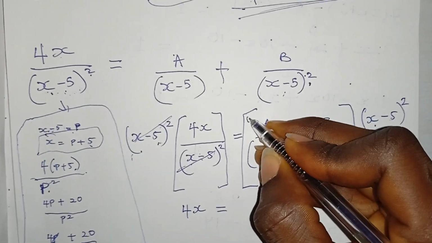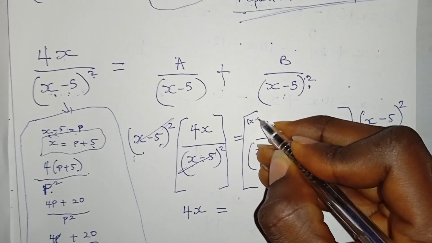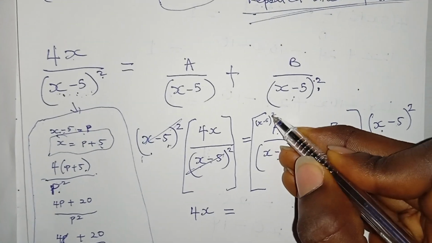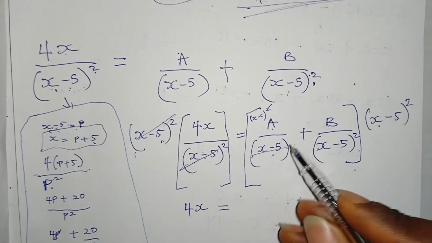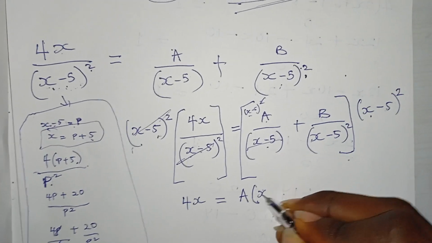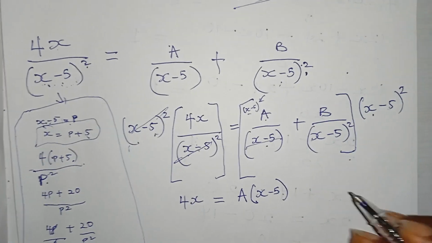This is the same thing as saying, if this (x minus 5) is squared and you come and multiply, this will cancel this, so you are left with (x minus 5) times a, so it becomes a(x minus 5).